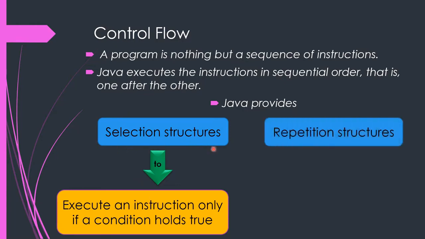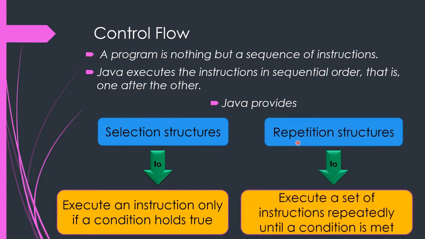Then is the repetition structure. Why is it used? It is used to execute a set of instructions repeatedly until a condition is met. Means if we want that a condition should be satisfied after a specific time or after a specific instruction, for that purpose we will be using the repetition structure.